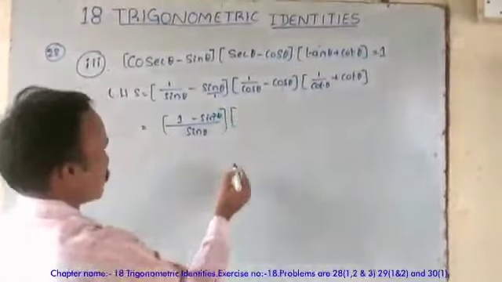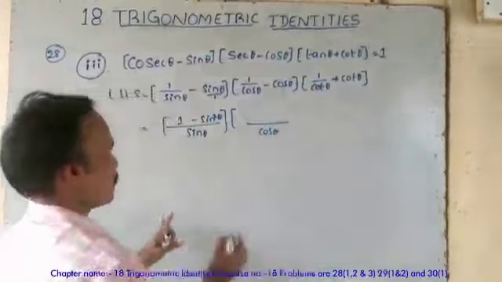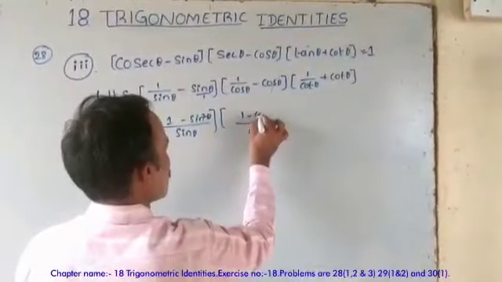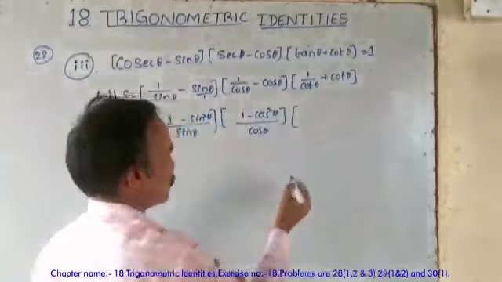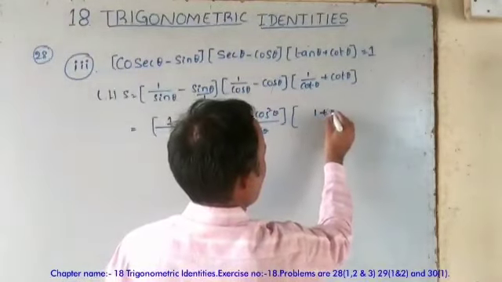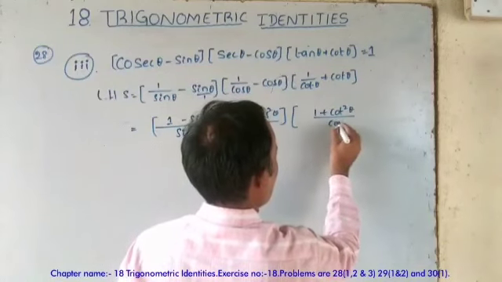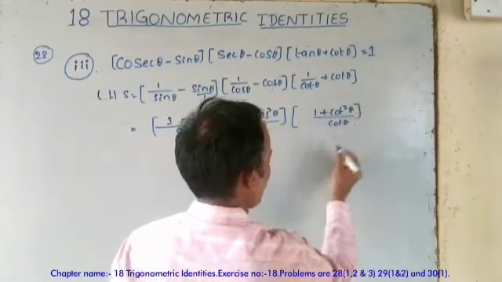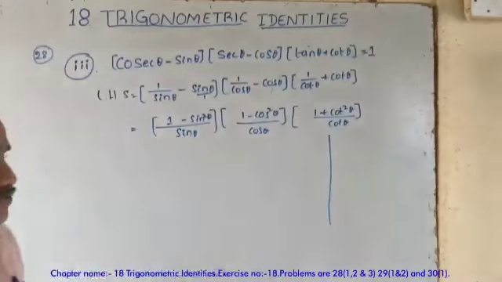Next into, again take LCM, cos theta. Yes, what you will get here? 1 minus cos square theta into 1 plus cot square theta, LCM cot theta. Yes, again by using identities. 3 identities you have to use.